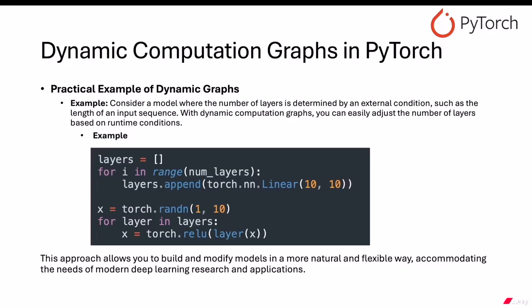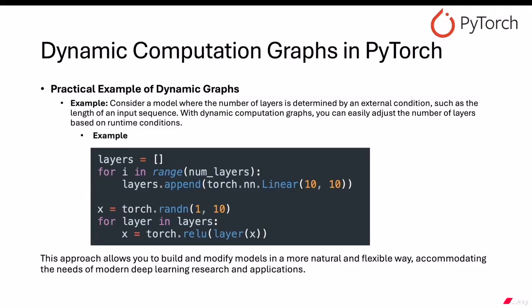Practical example of dynamic graphs. Consider a model where the number of layers is determined by an external condition such as the length of an input sequence. With a dynamic computational graph, you can easily adjust the number of layers based on the runtime conditions.